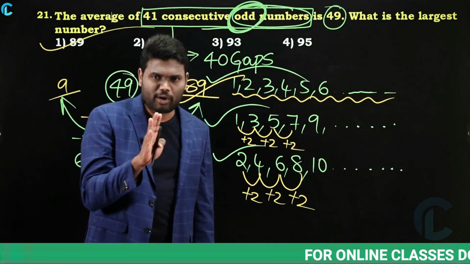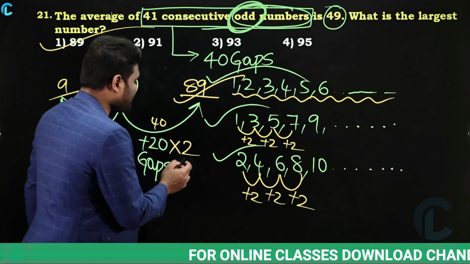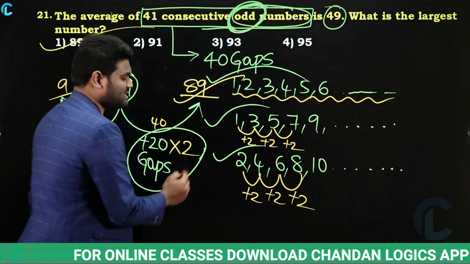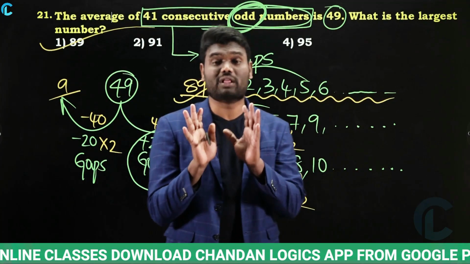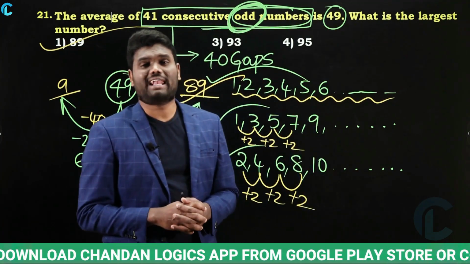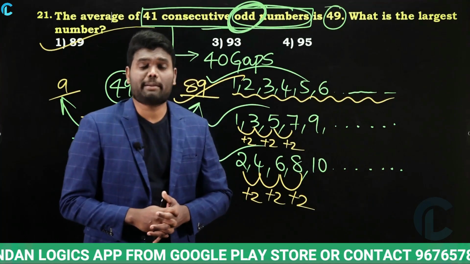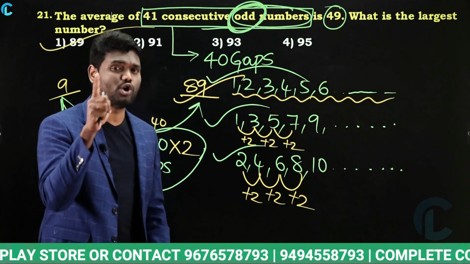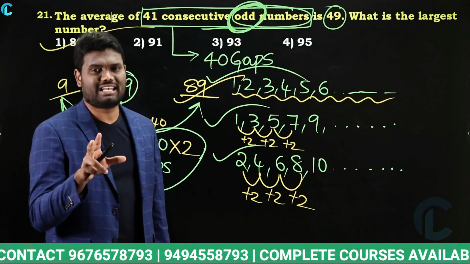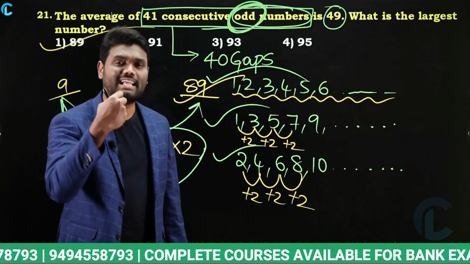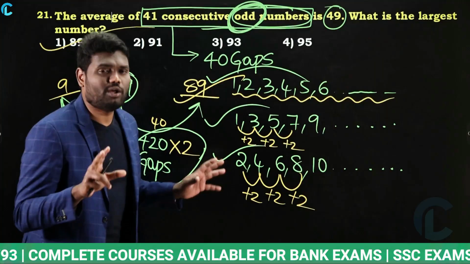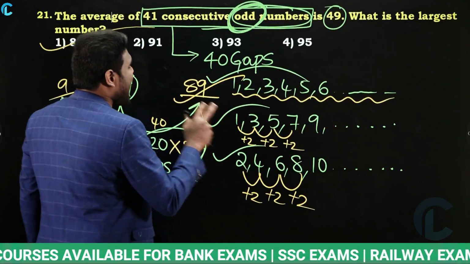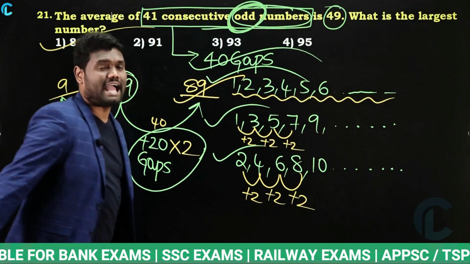Look here. One more important point. Observe it carefully. If you are having any difficulty in these places, just remember one simple point. Whenever the question is about odd numbers or even numbers, if you need to find the highest number or lowest number, you can directly add the number of gaps.